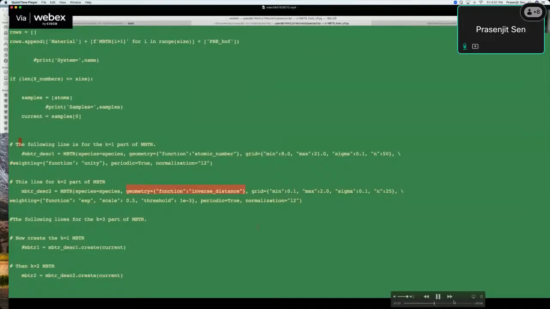However, this was the initial version. Later on, I think they changed it, and there are other ways you can capture these interatomic distances for 2-body MBTR. So let me see if I can go to that.